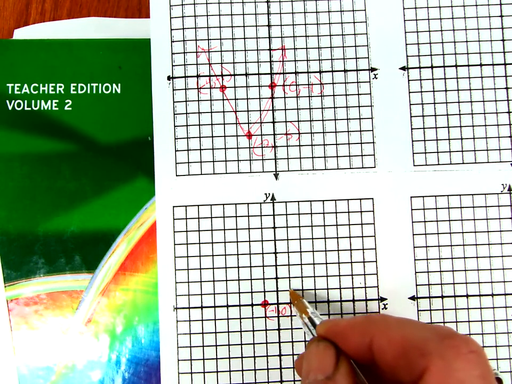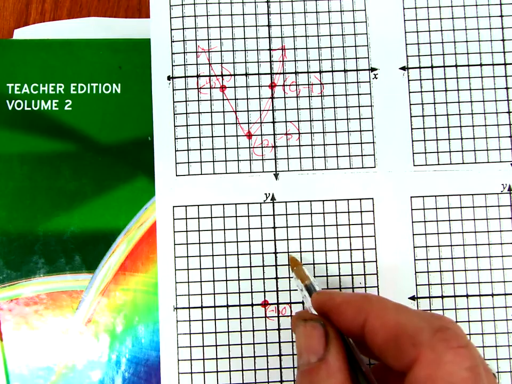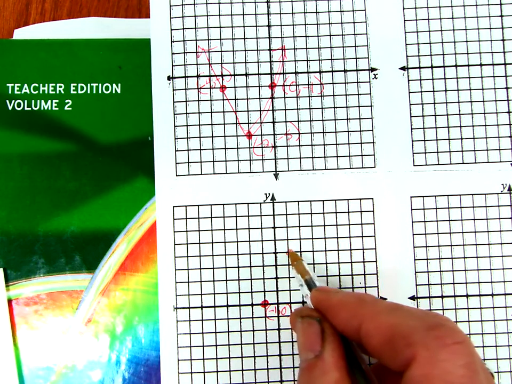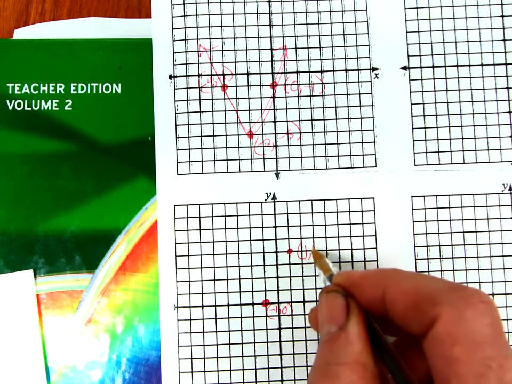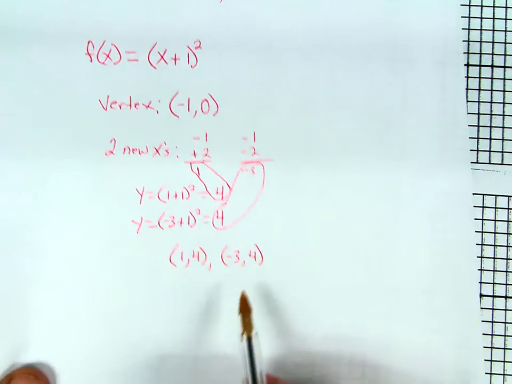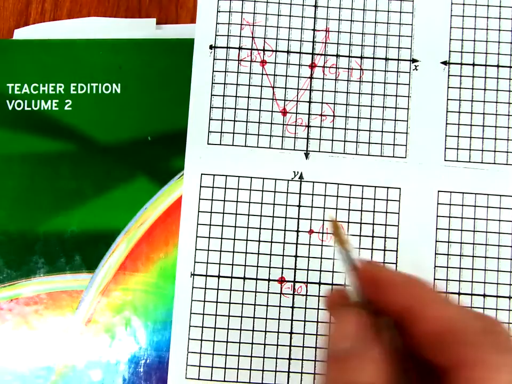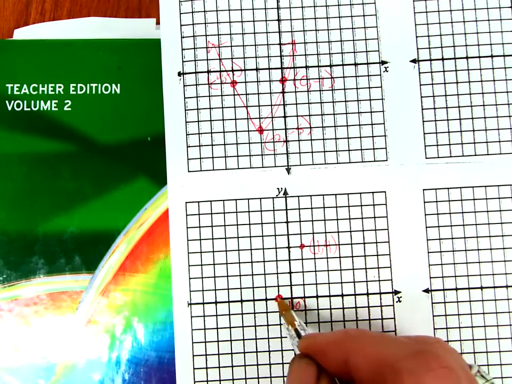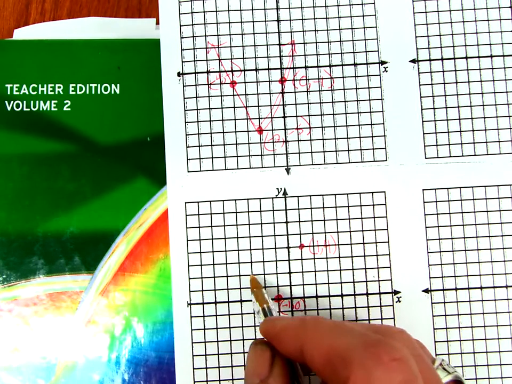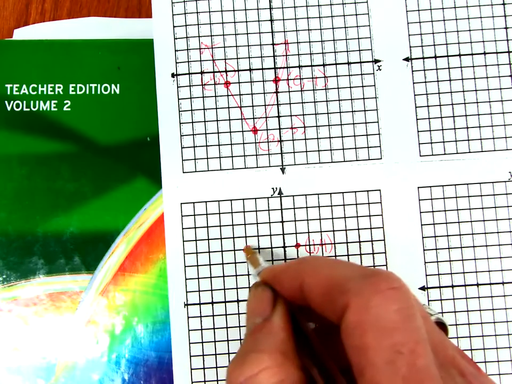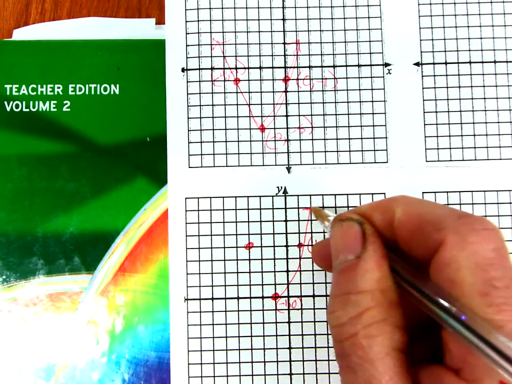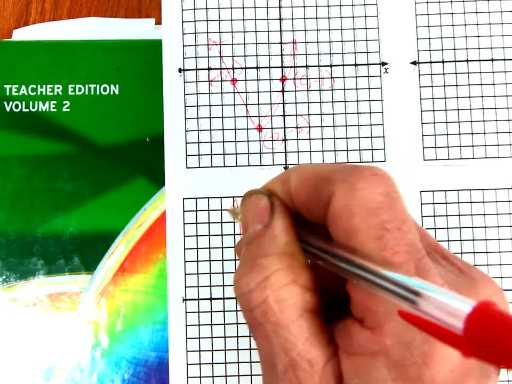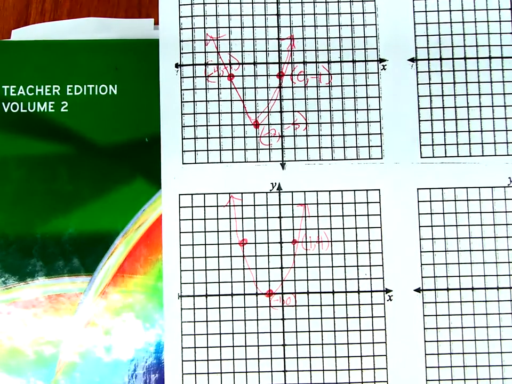Over 1, up 4. 1, 4. And then my last point, negative 3, 4. Negative 1, negative 2, negative 3. 1, 2, 3, 4. And that's it.